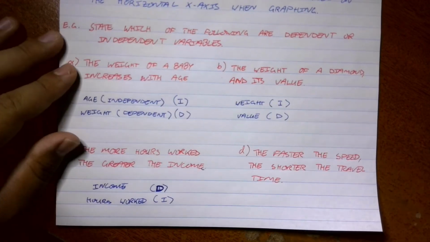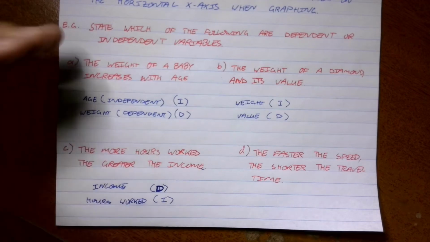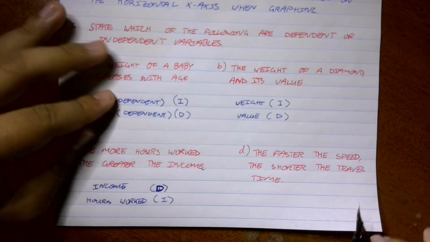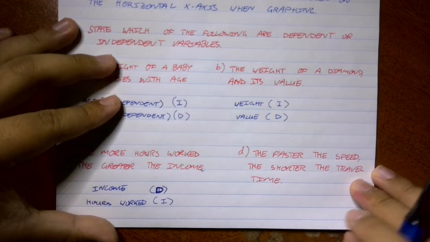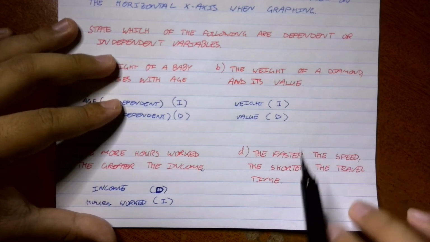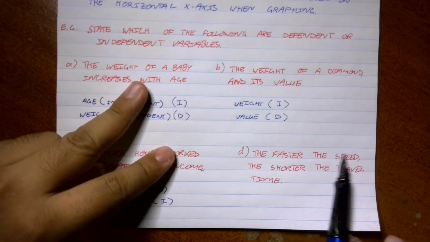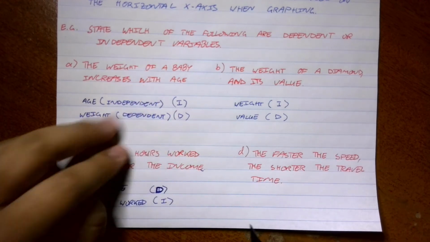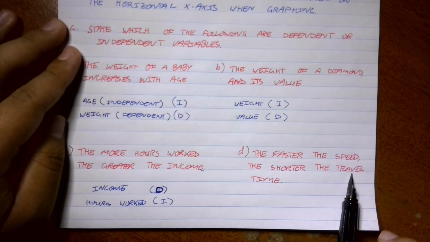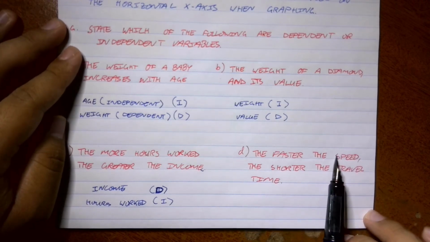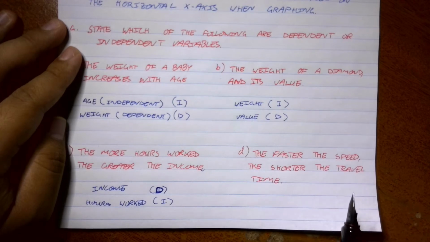The faster the speed of a car or whatever it might be, the shorter the travel time. Well, we can see that we have two variables. We have the speed and travel time. Is travel time affected by the speed, or is speed affected by the travel time?